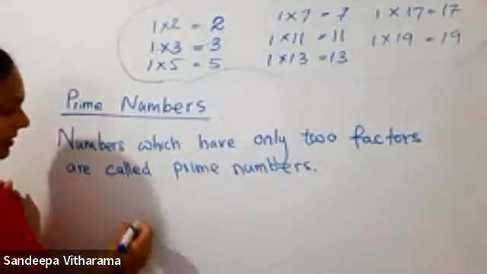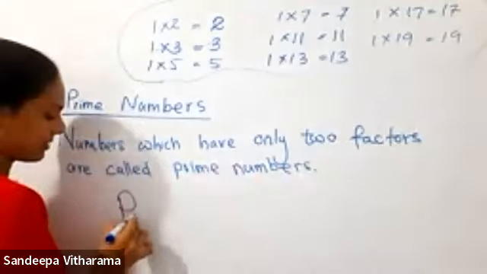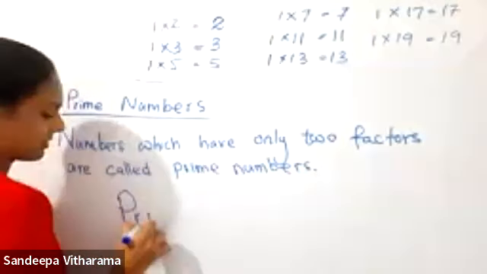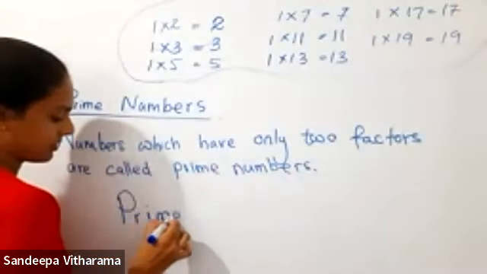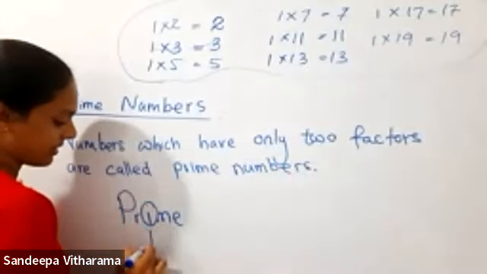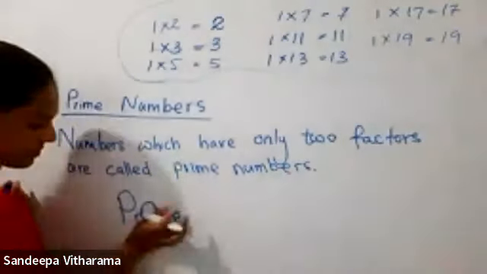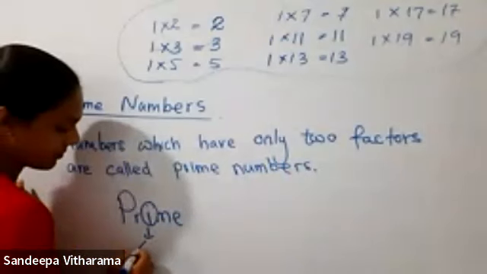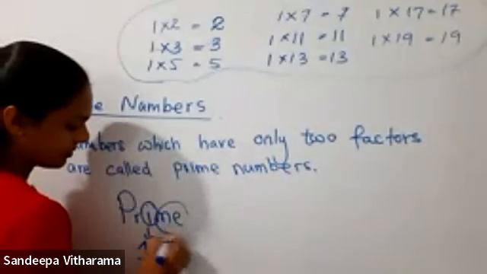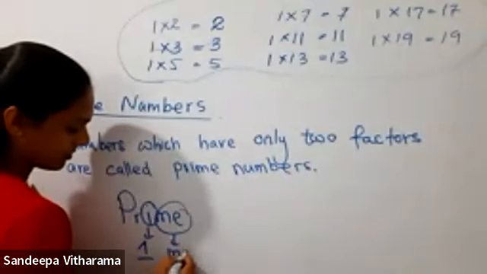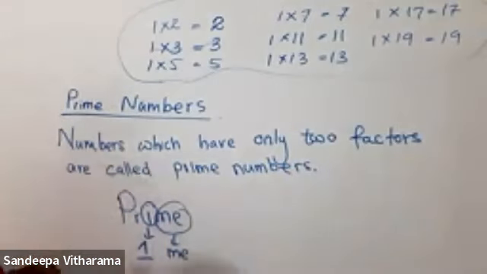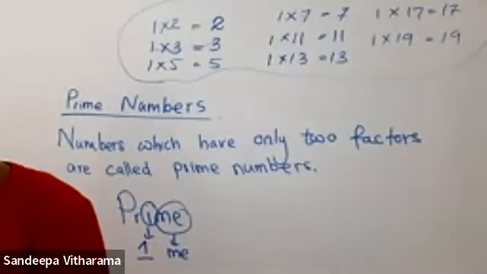Then you can remember this about prime: I stands for 1, here, me. 1 and me. Prime means 1 and me.